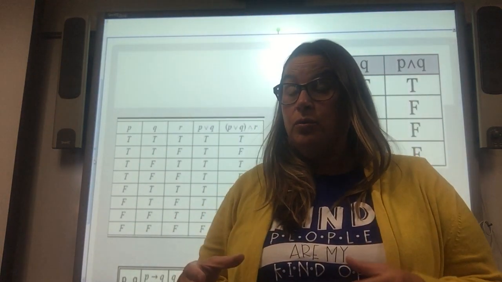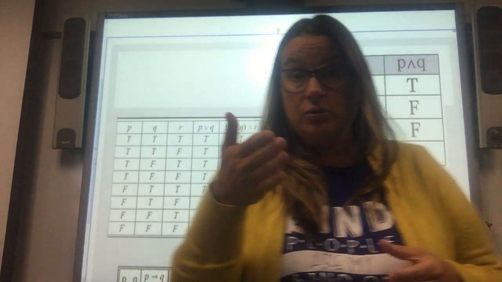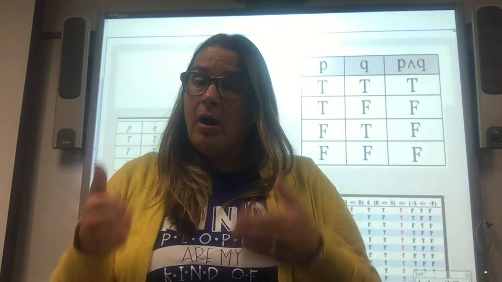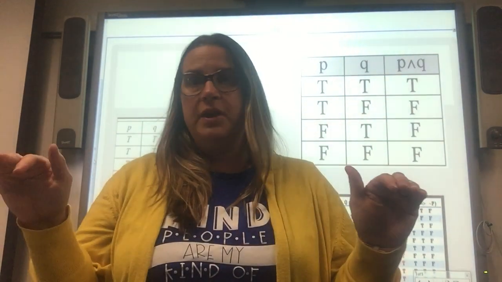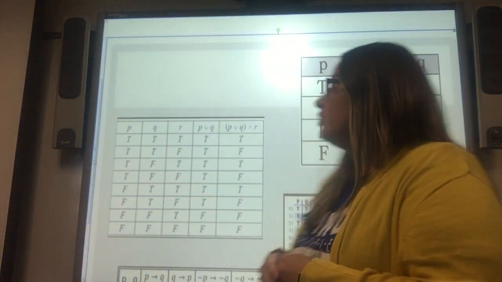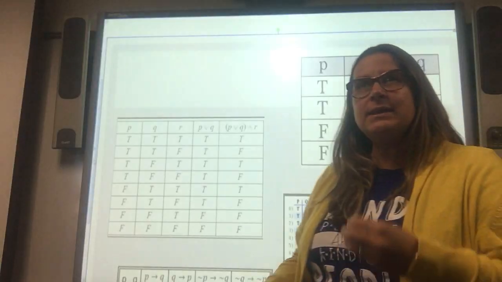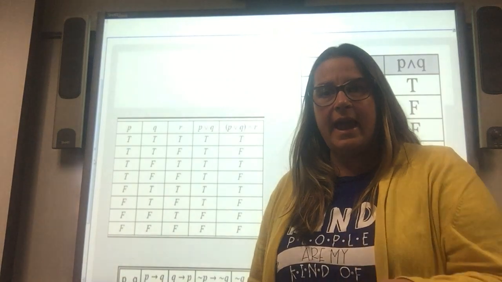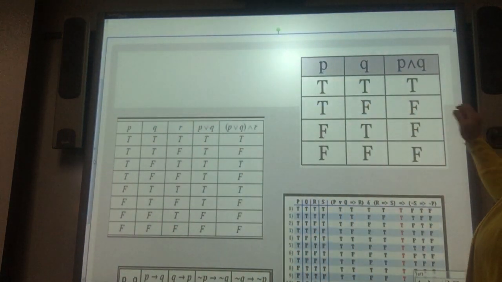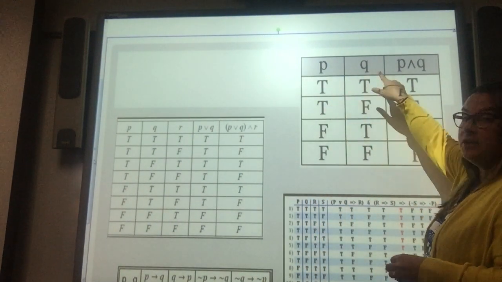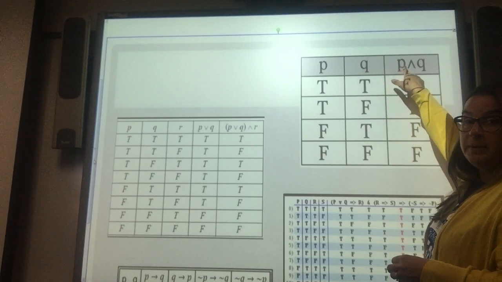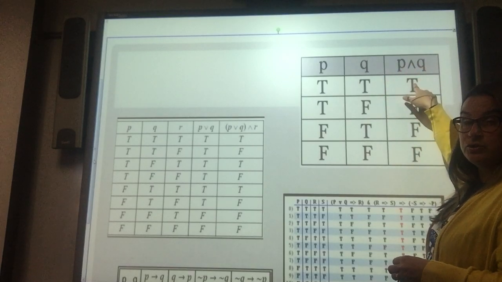Now, in order for an and statement to be true, everything has to be true. If even just one part is false, the whole thing's false, okay? So this statement means P and Q. I want to know the truth value of P and Q. If P is true and Q is true, then P and Q is also true.